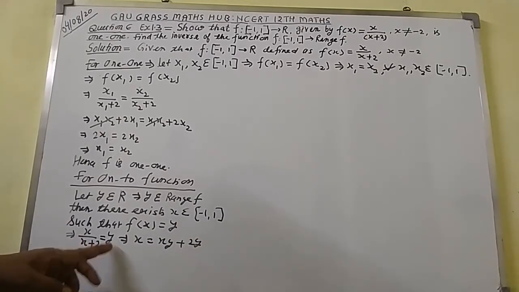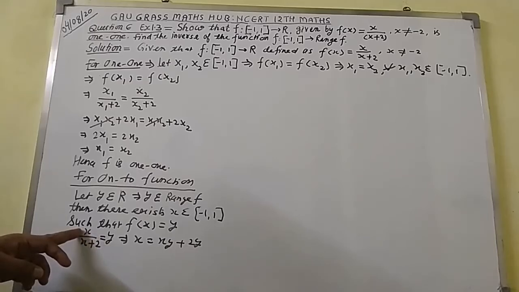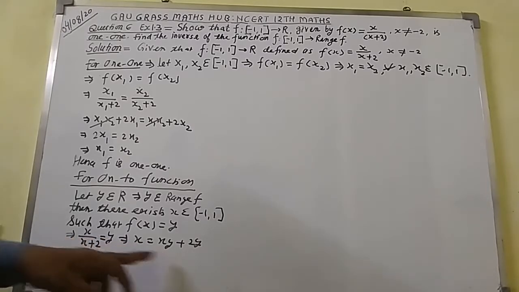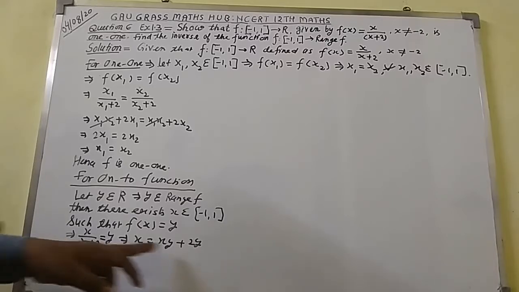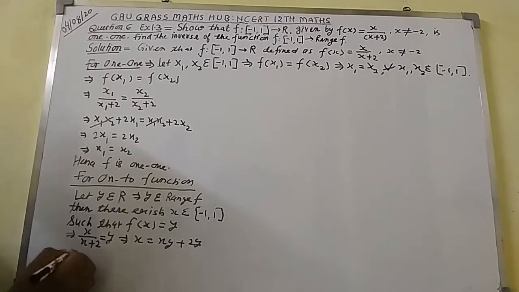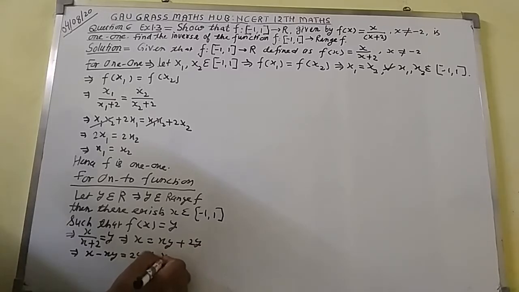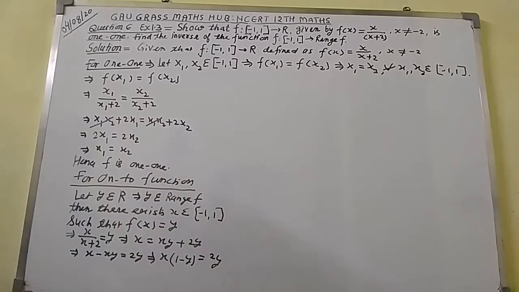Here it is y over 1, so 1 will multiply to x, and y will multiply to x plus 2. So x will multiply to y, you get xy, and 2 will multiply to y, you get 2y. Now what will we do here? x - xy = 2y. Implies that take x as common, so we will get x(1 - y) = 2y.